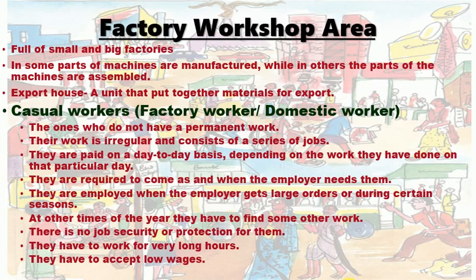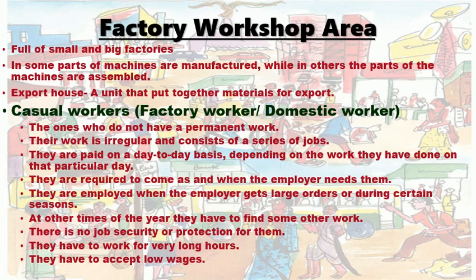In some factories, some parts of machines are manufactured, while in others, the parts of machines are assembled. Like this, each factory is performing its own function in its own way, and the people who are working here are known as factory workers.